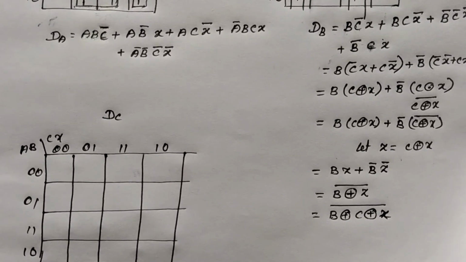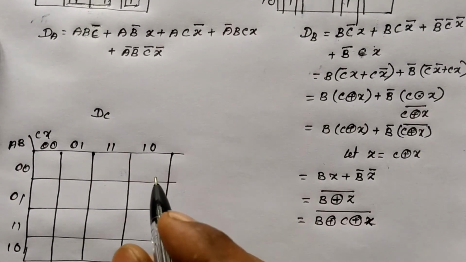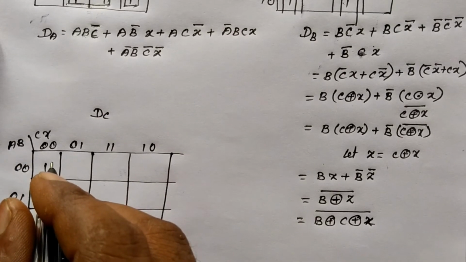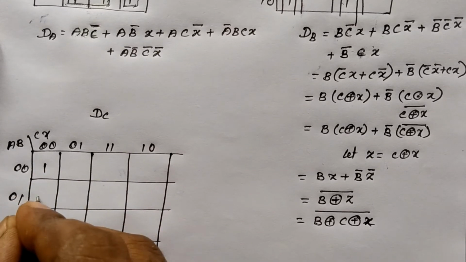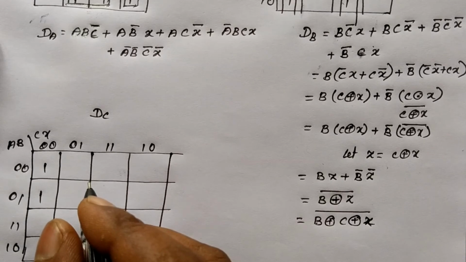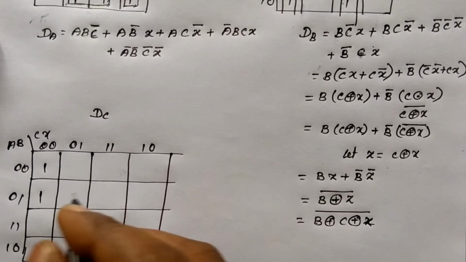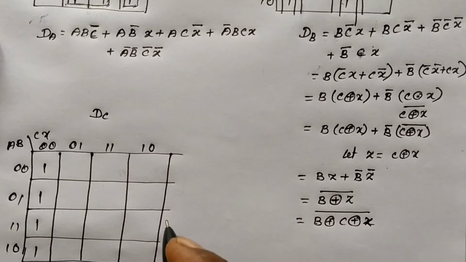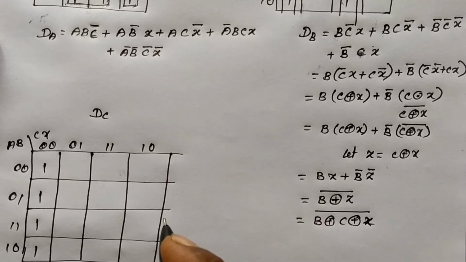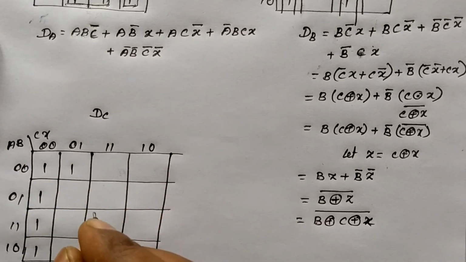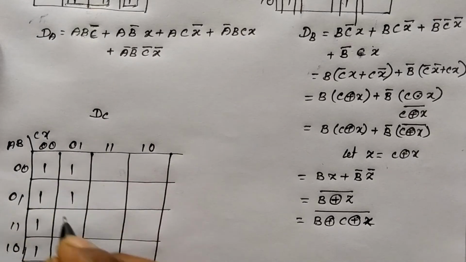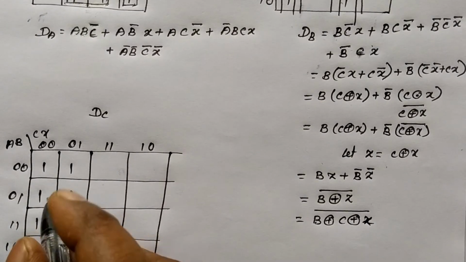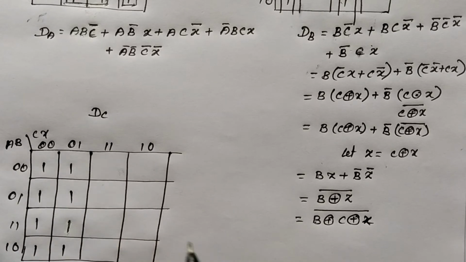So from the state table we are having 1 for the input combination 0 0 0 0, then for 0 1 0 0, then 1 0 0 0, then for 1 1 0 0, likewise 0 0 0 1 we are having 1, likewise 0 1 0 1, likewise 1 0 0 1 we are having 1, likewise 1 1 0 1 we are having 1.